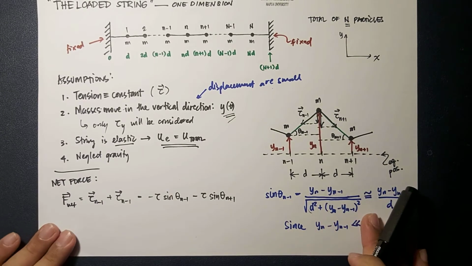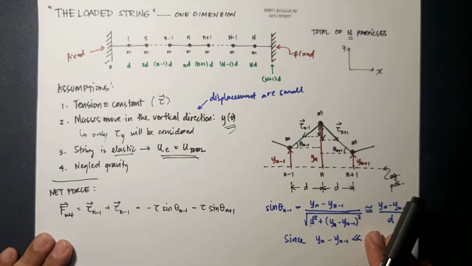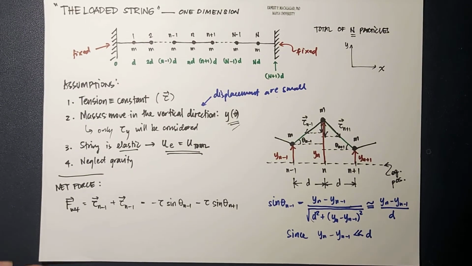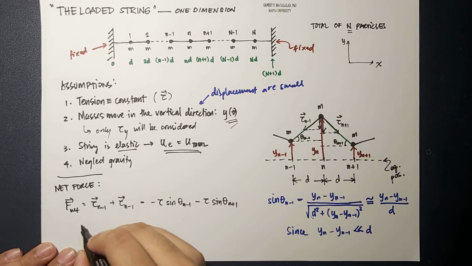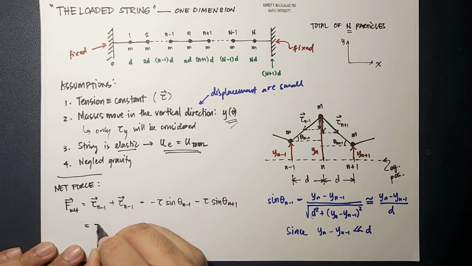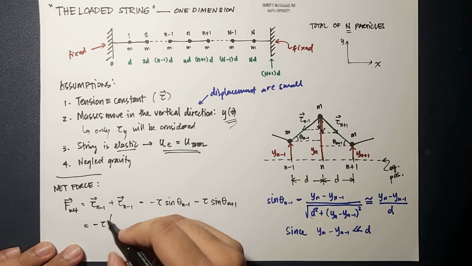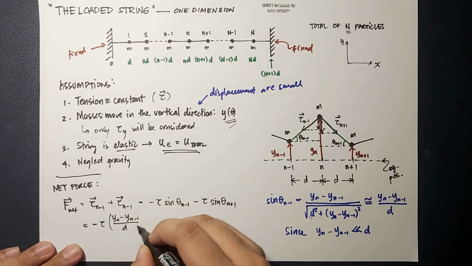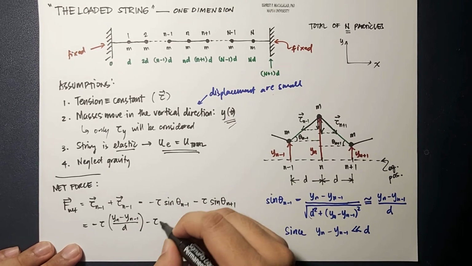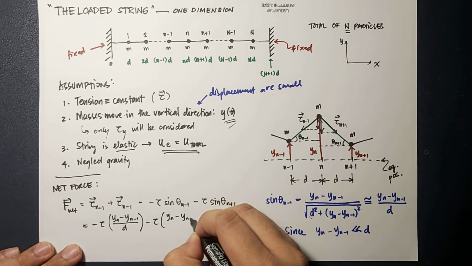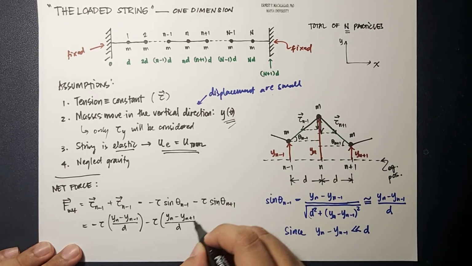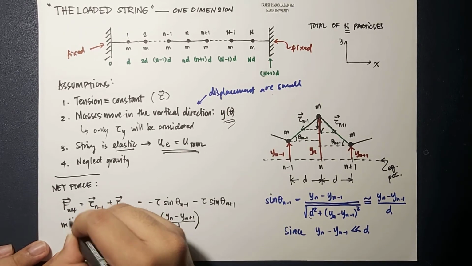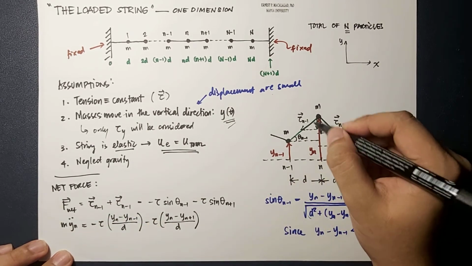Okay, so we're now going to rewrite the net force to be negative tau times yn minus yn minus 1 divided by d, minus tau times yn minus yn plus 1 over d. And this is equal to m y double dot for this particle n.